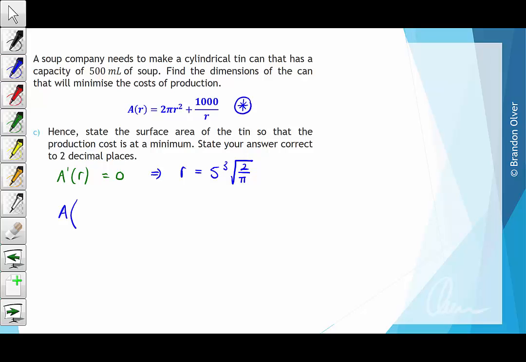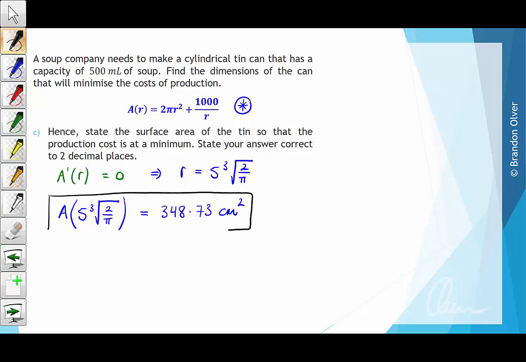So wherever there's an r, we replace it with 5 times the cube root of 2 divided by pi. And our answer, if we get a CAS calculator to do that for us, correct to 2 decimal places, is 348.73 centimetres squared. So that's the minimum possible area so that we keep the production costs as low as possible.